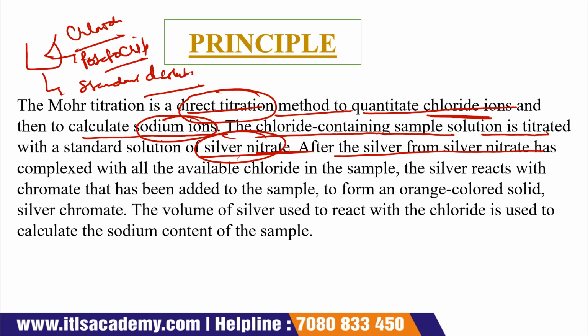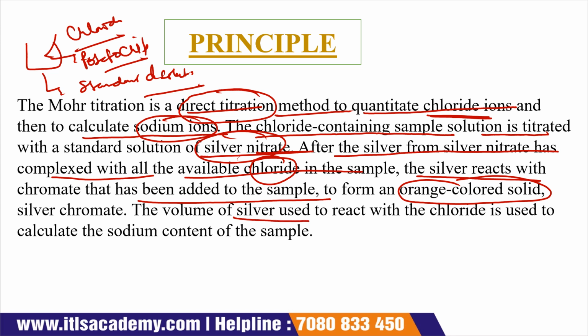The silver from the silver nitrate forms a complex with all the available chloride in the sample, forming a bond with the chloride already available in the sample. Then silver reacts with chromate, which has been added to the sample, to form an orange colored solid, silver chromate.